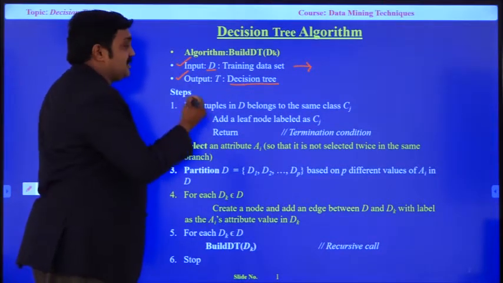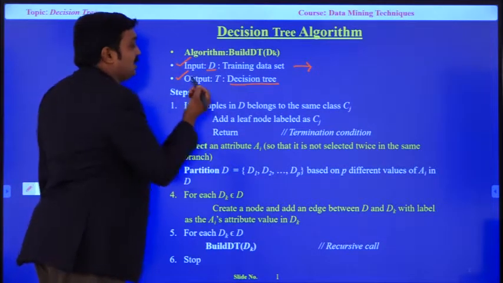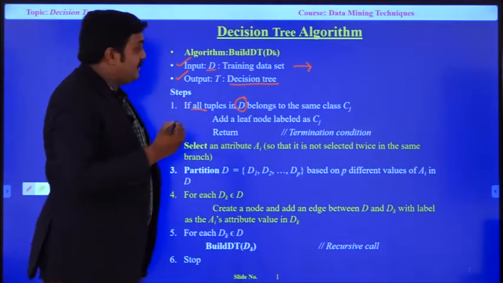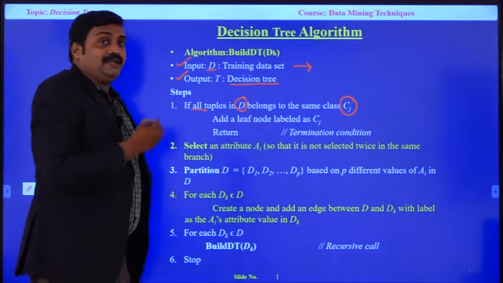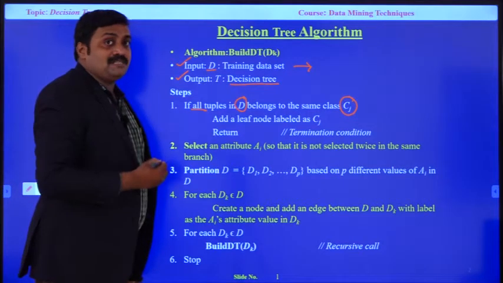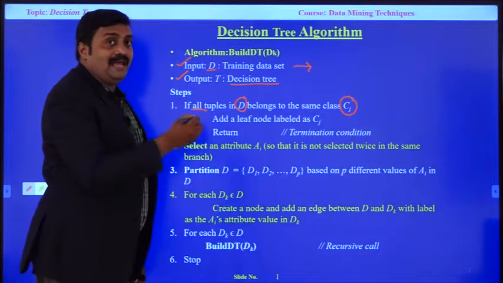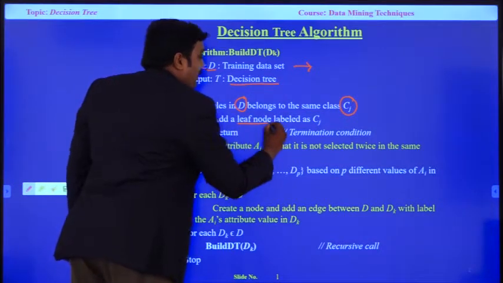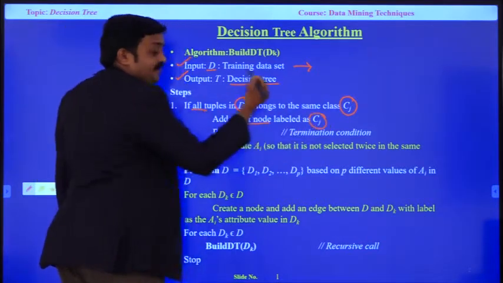Step 1: if all the tuples belonging to data set D are of the same class, meaning all the objects and samples belong to only one class, called C, then we can make that node a leaf node and give the class name Cj.